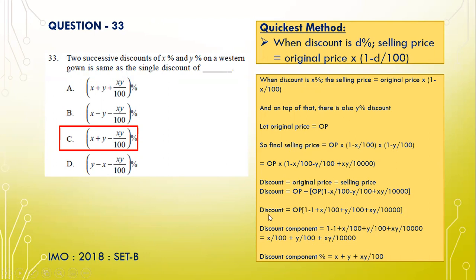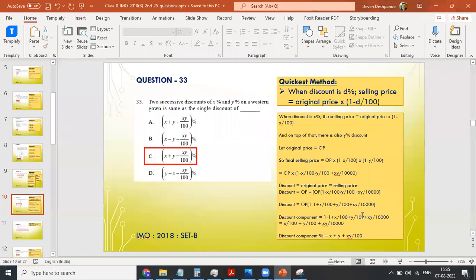So if you take the original price, if you take OP out, it will be OP into 1 minus 1, and then minus minus becomes positive, plus x upon 100, then minus minus becomes positive, plus y upon 100, and it will be... sorry, this will be minus xy upon 100.